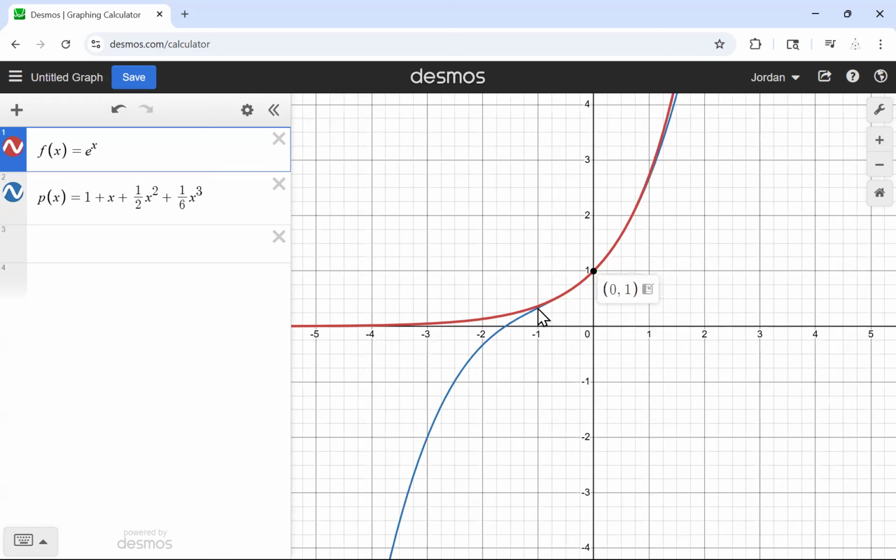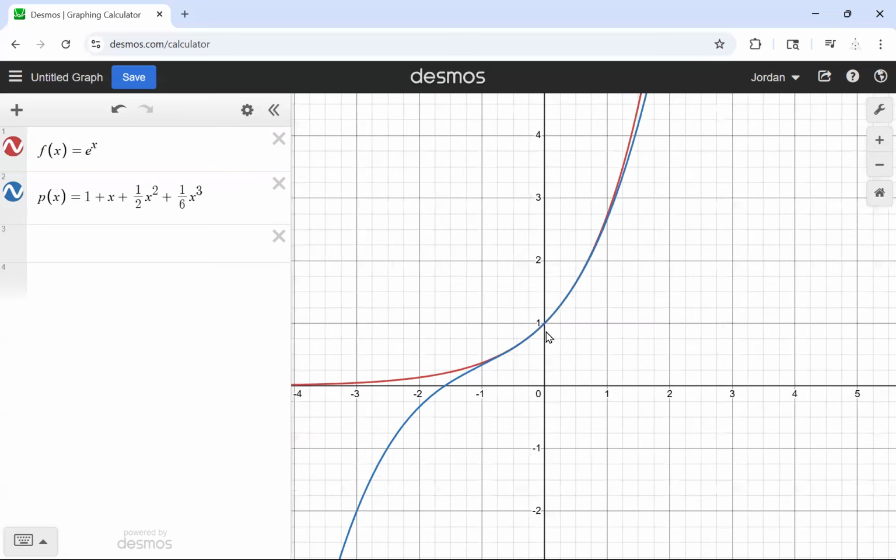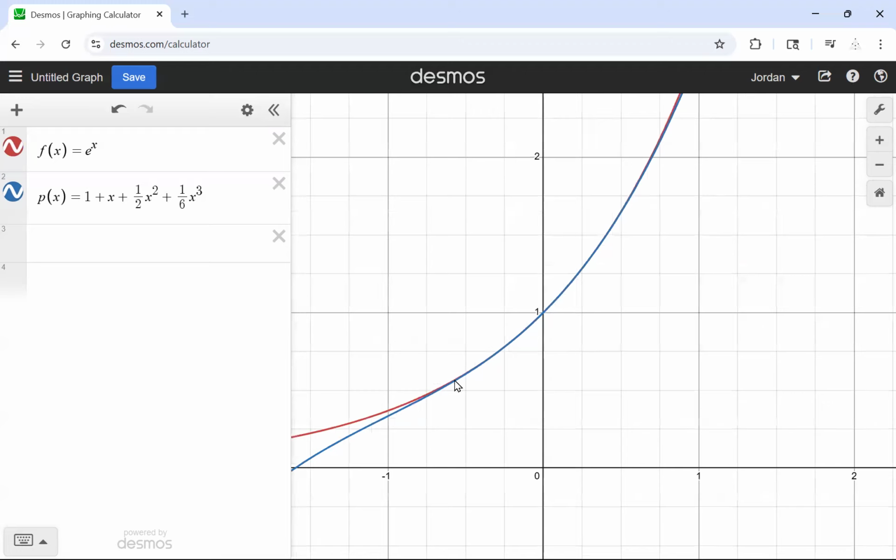And when we're pretty close to x of 0, it's really hard to even see a difference between the polynomial and the function. Obviously, when we get far away from that, if we're at x equals -3, the function and the polynomial are very far apart. But when we're close to 0, this polynomial is going to approximate the function really well.